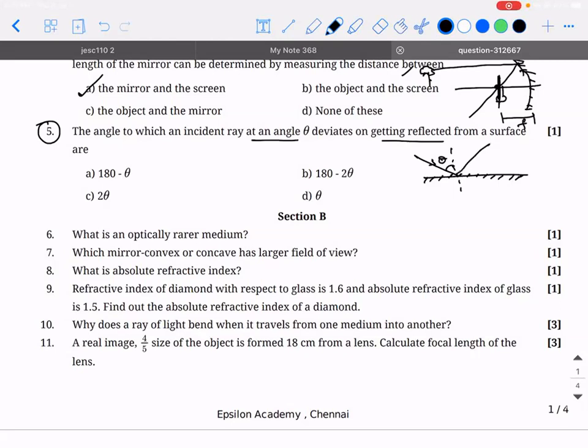It will get reflected at the same angle theta. So how much is the deviation it is undergoing? This is called deviation. I'll write it as capital D. So how much will be the deviation, guys? Is it not 180 minus 2 theta? 180 minus 2 theta. That is the answer.